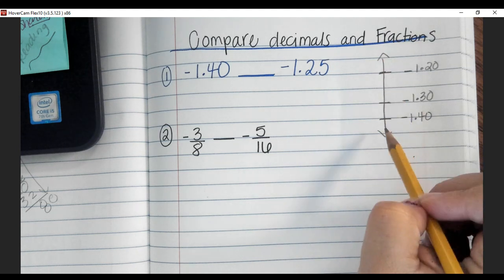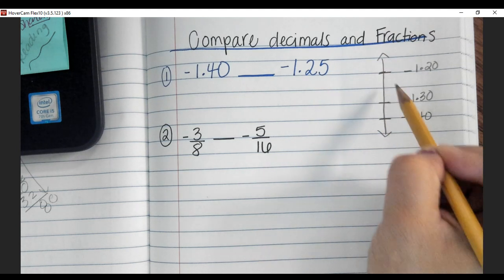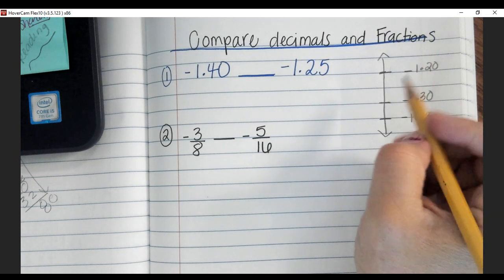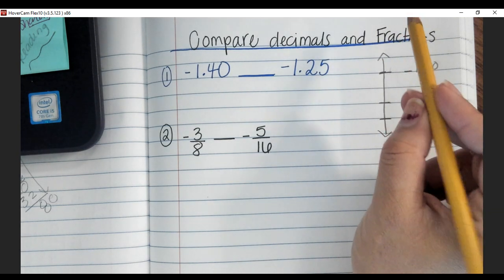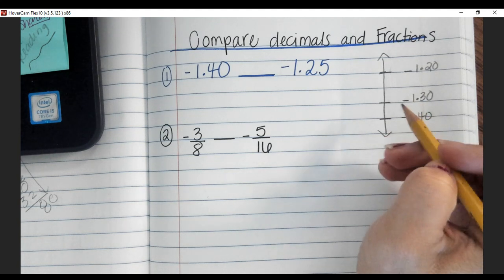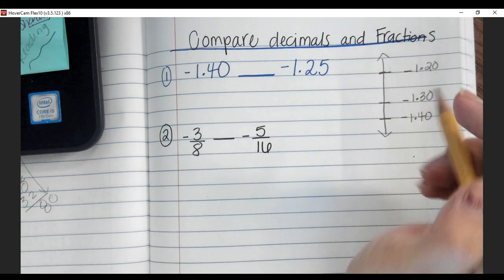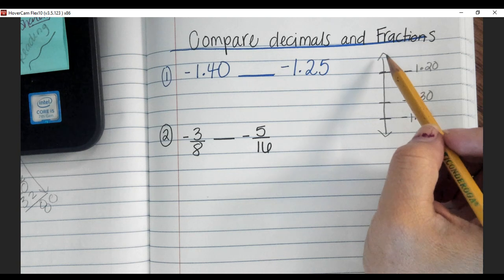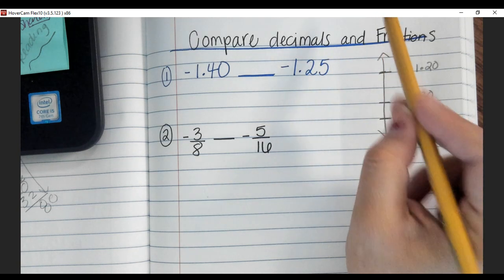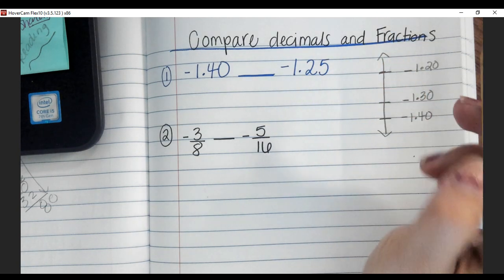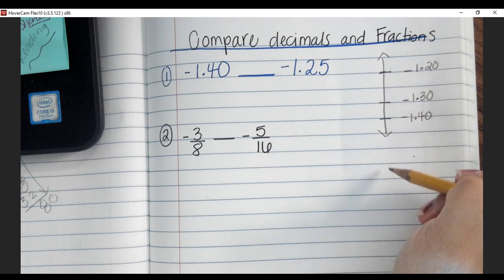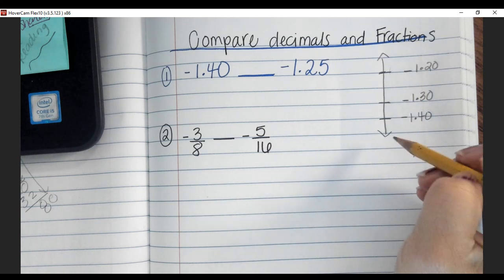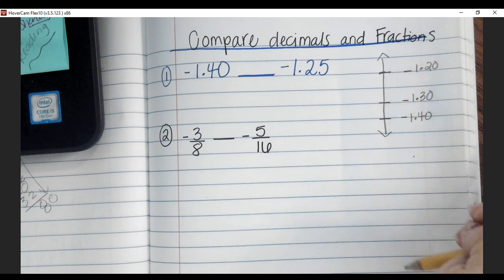When we're looking at number lines that are vertical, think about climbing a mountain or think about the ocean. If I go up the mountain, I'm getting further and further away from the actual ground level, going up, up, up. So I'm getting higher and higher, so my numbers are getting higher and higher. If I am in the water and go lower and lower, I'm getting further and further down, right?